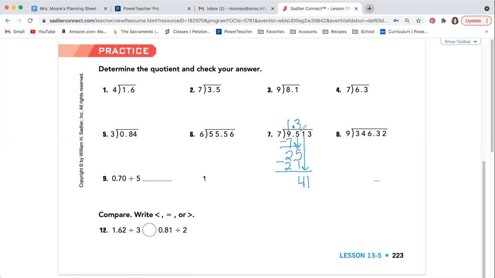If sometimes you write your numbers a little squished, you might skip a digit or mistake which one is next. I really like and encourage you to use those arrows to pull down the next bit. 7 goes into 41, 5 times. Yep, because 7 times 6 would be 42, and that's just a squeak too high.